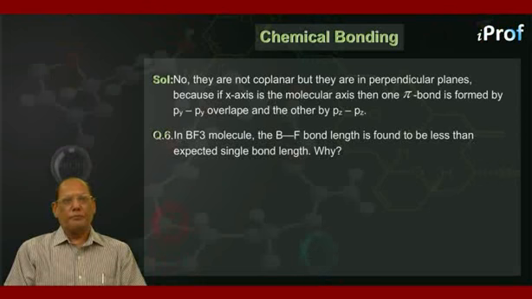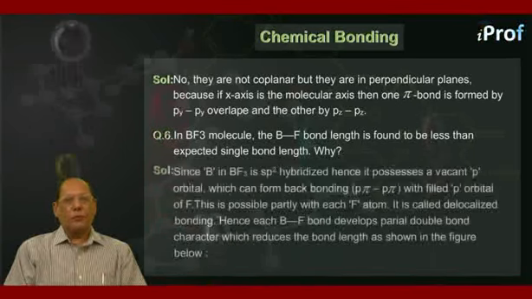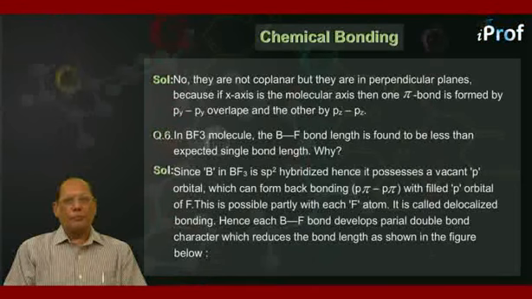Question number 5. In BF3 molecule, the B-F bond length is found to be less than the expected single bond length. Why? The answer is, since boron in BF3 is sp2 hybridized, it possesses a vacant p orbital, which can form back bonding p-pi p-pi with the filled p orbital of fluorine.